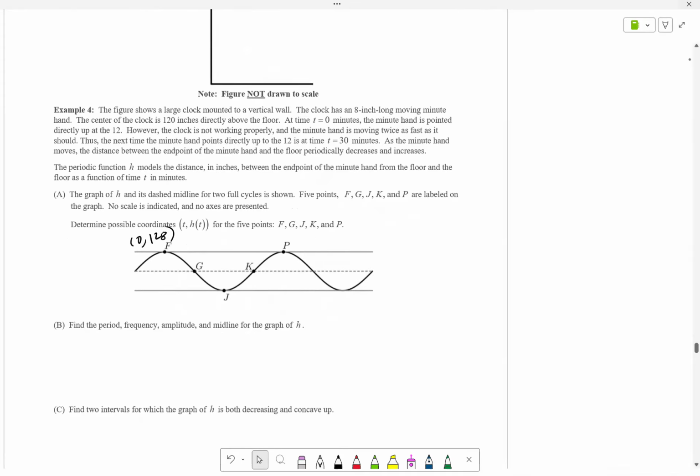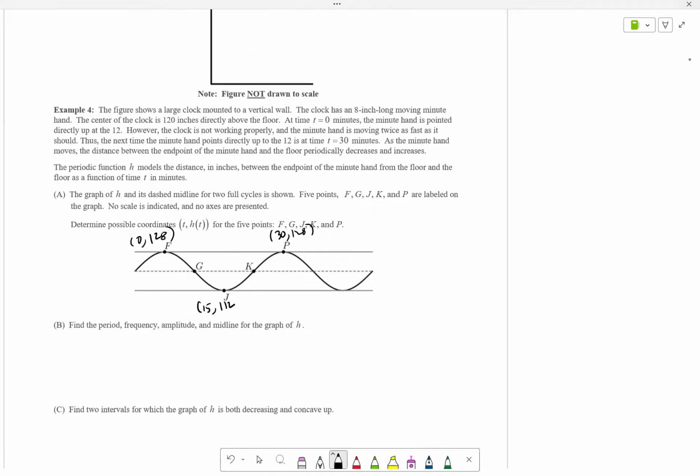After F, what's the next point that you labeled? G. Did you go right to G? Right, P, right? Isn't that the next one? Just conceptually, P would be at 30, 128. After this, maybe the next one would be J. I'd probably go to J, but you could go to G if you want. And so we know that G is 15, comma 112. Yes.